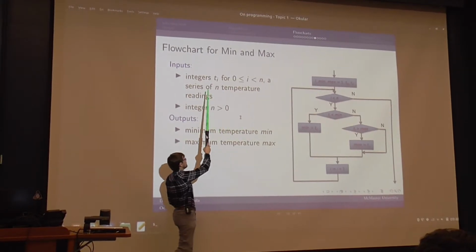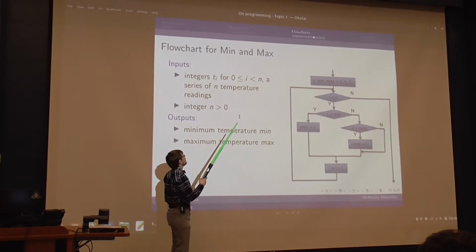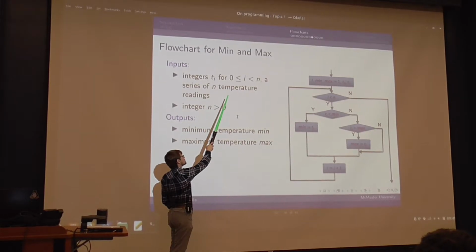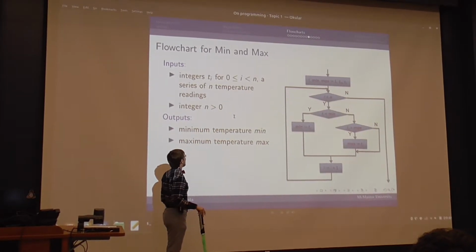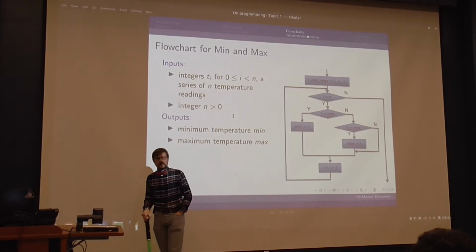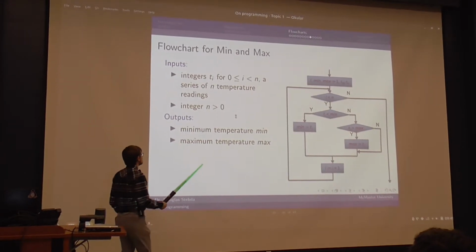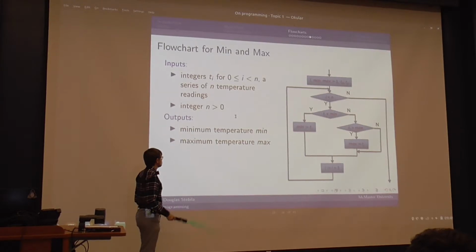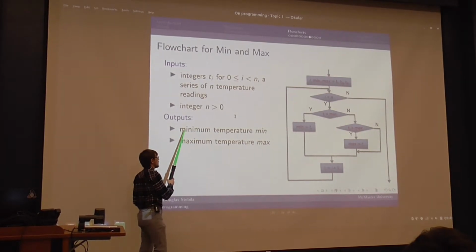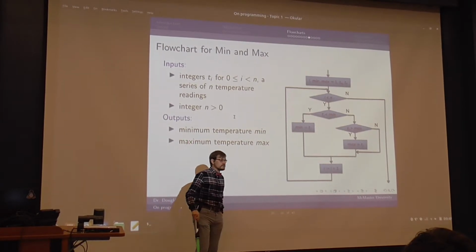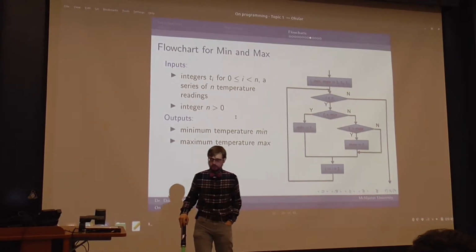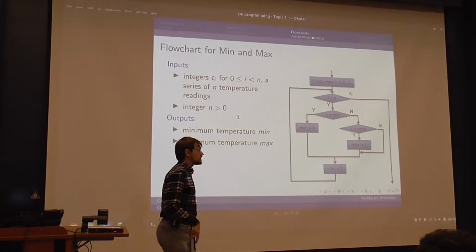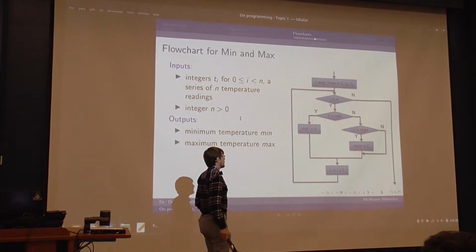We have a series of temperature readings, Ti, for i between 0 and some number n. So we have n temperature readings. We also have some integer n, which is greater than 0. Our outputs are the minimum and maximum of that series of temperature readings.